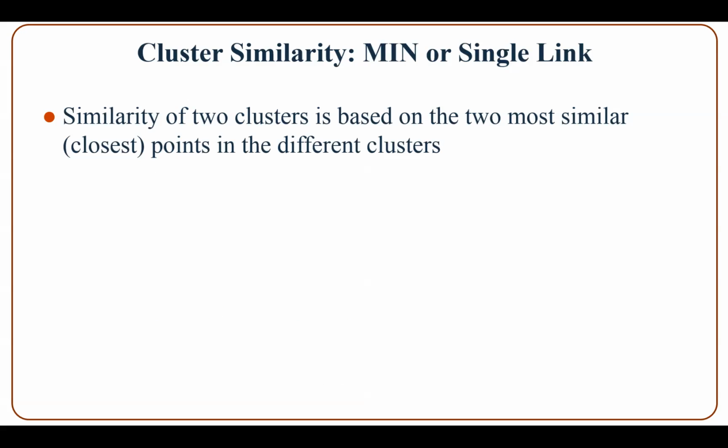For the single link or min version of hierarchical clustering, the proximity of two clusters is based on the two most similar or closest points in the different clusters.